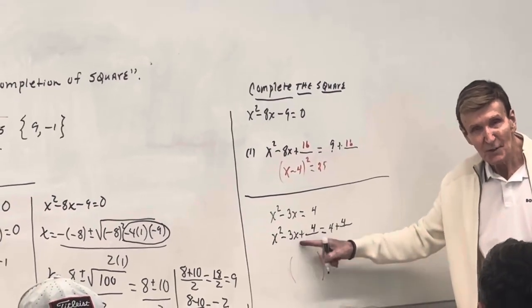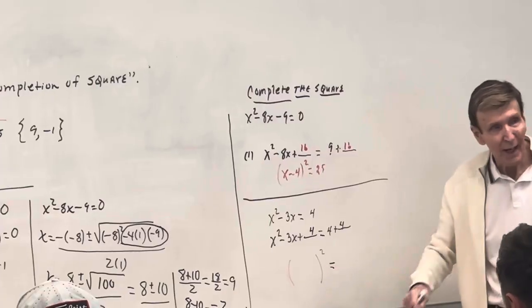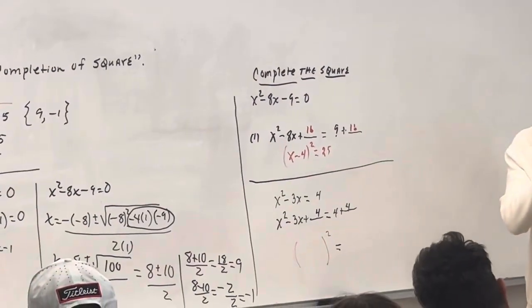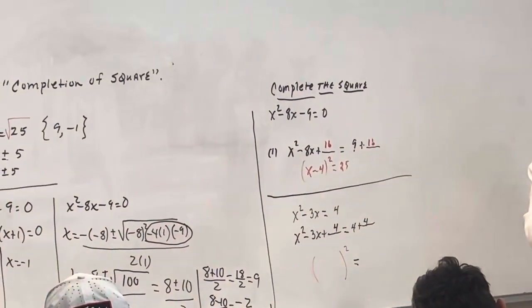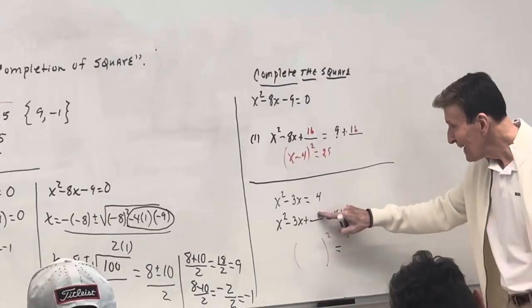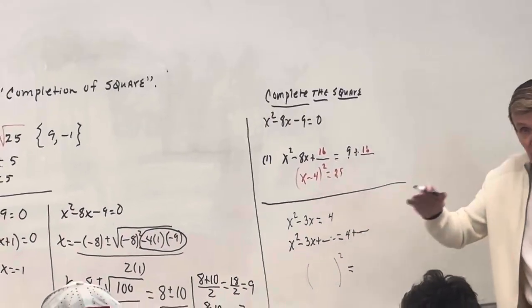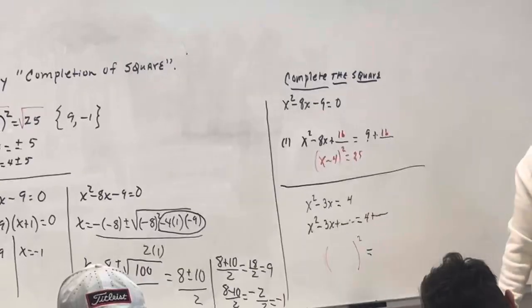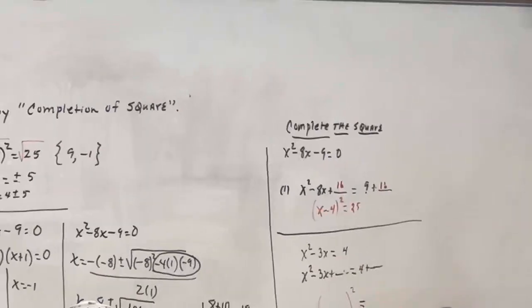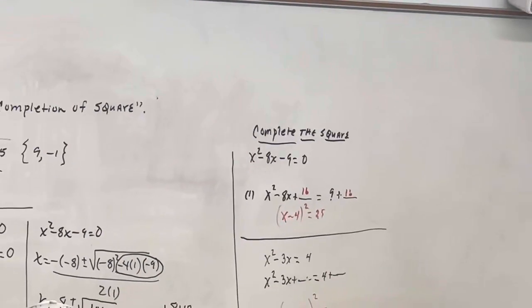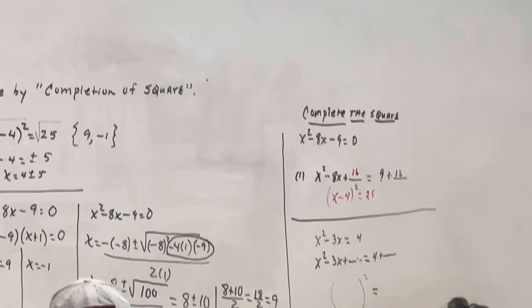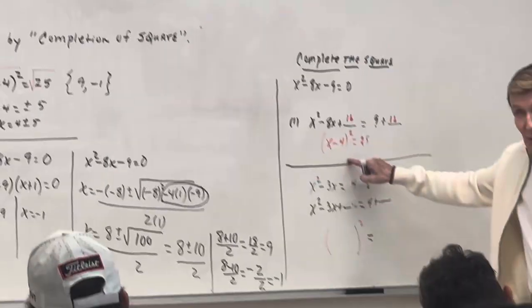No, that will not turn into a nice perfect square. I would ask, what number is it going to take to get a nice perfect square? 4 is not going to do it for me. That's the wrong number. I'll tell you in advance, not 5. If you randomly try 5 on each side, 5 is not going to make the left-hand side a nice perfect square. This one's tougher to do than this one.